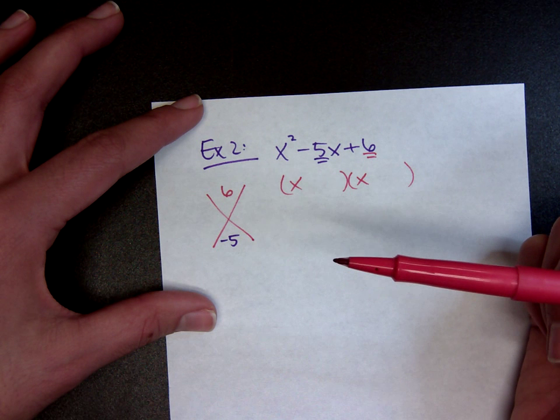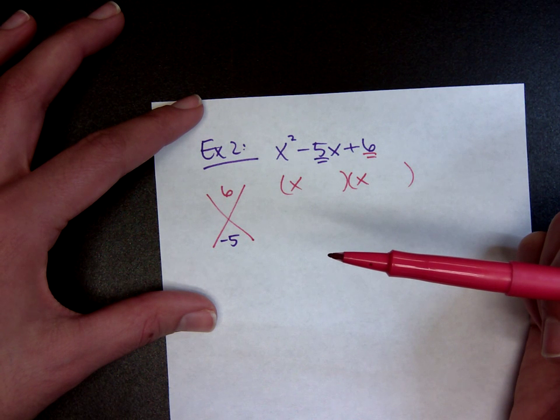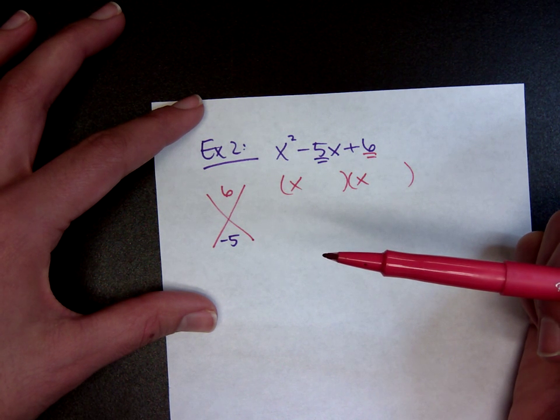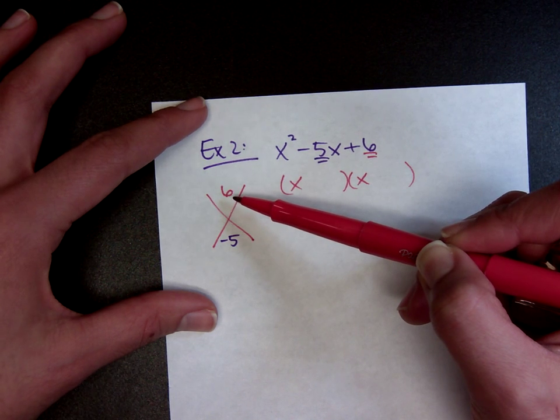Well, I could do 1 and 6, but 1 plus 6 is 7. Negative 1 plus 6 is positive 5. Positive 1 and negative 6 is negative 5, but that would multiply to negative 6.